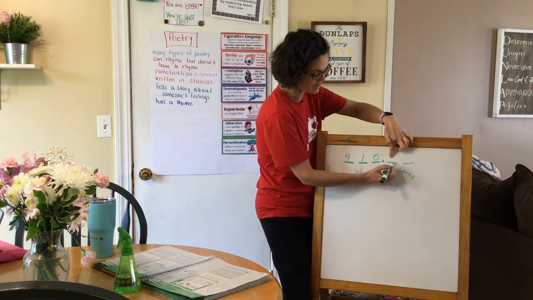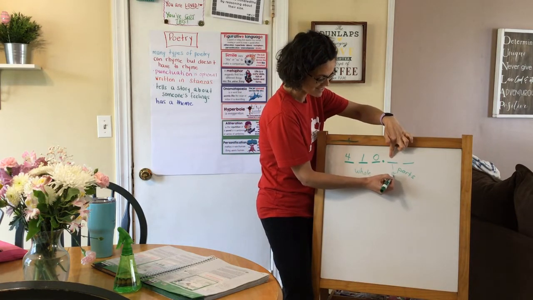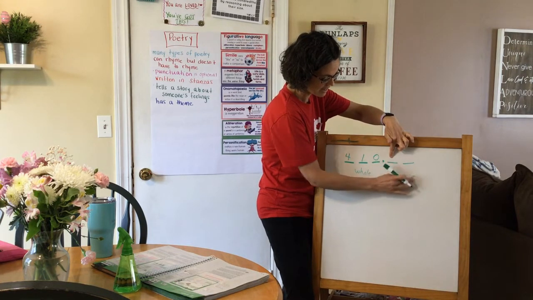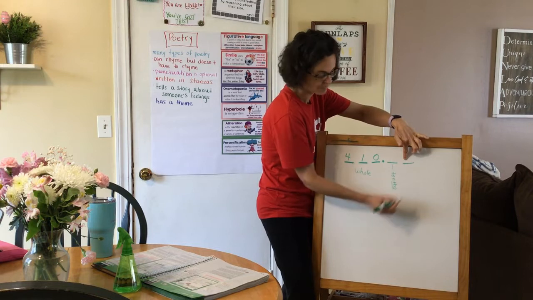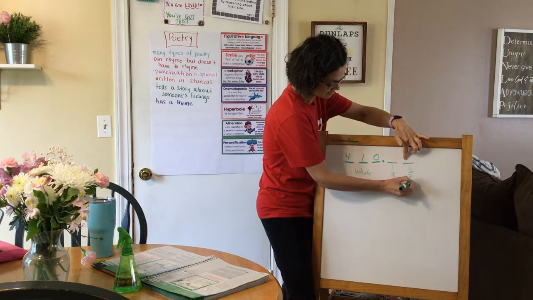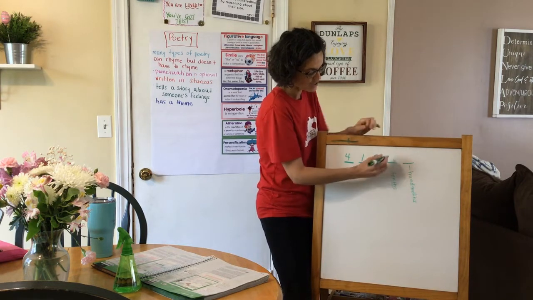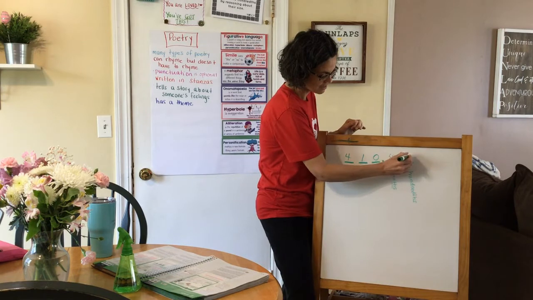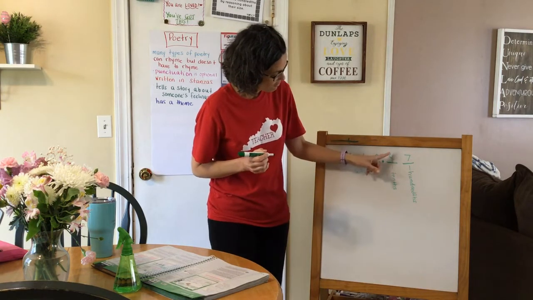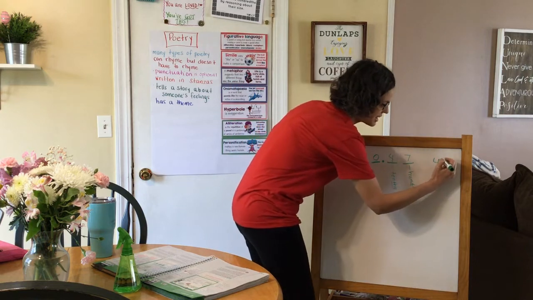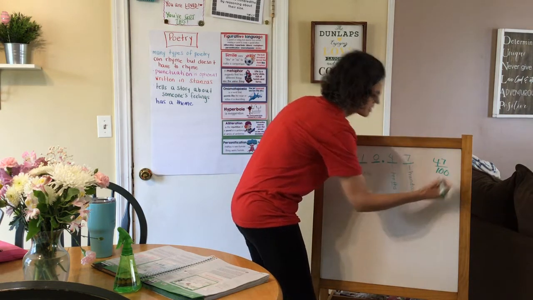Do you remember what this one is? Tenths. Don't forget that THS. And then what comes after tenths? Hundredths. Tenths, hundredths. So if I have 47 hundredths, I'm going to write that as a fraction as 47 hundredths.